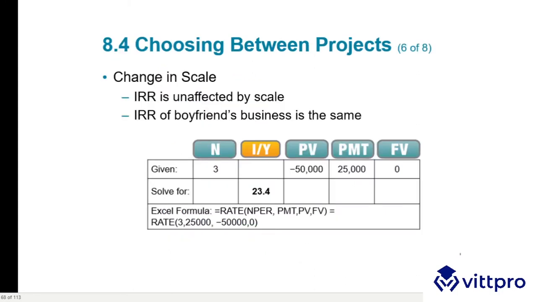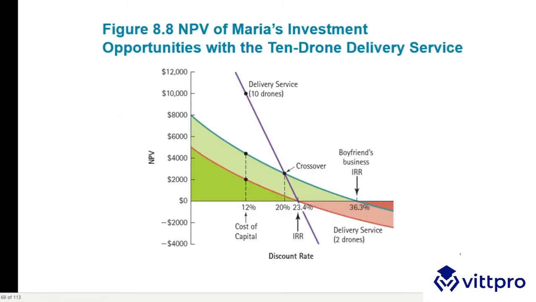So IRR is not going to change because it's the same number, it just scales things up, but the only difference is that the NPV scale will be different, right? So there is a crossover at 20%, where the NPV of both the boyfriend business and her delivery business will be the same. If they are able to earn more than 20%, which in that case they are earning 23%, their IRR is going to be higher.